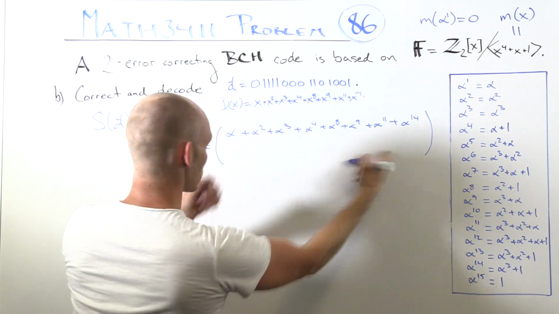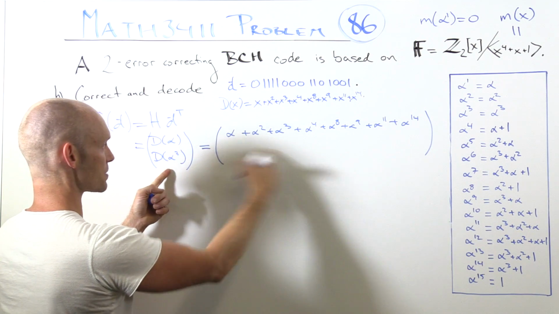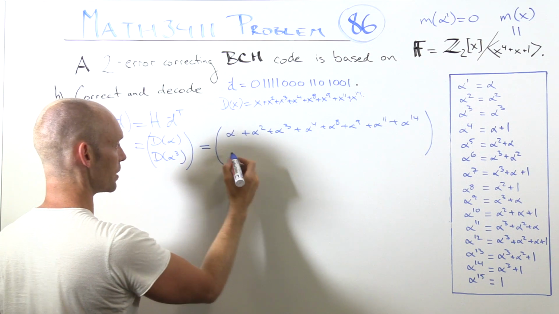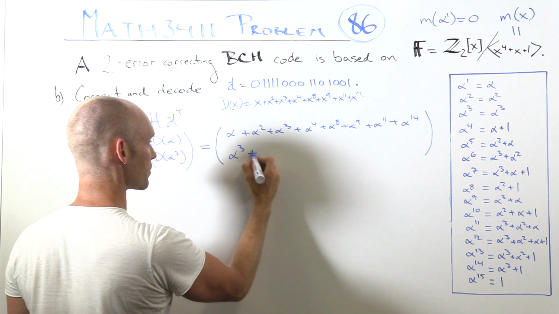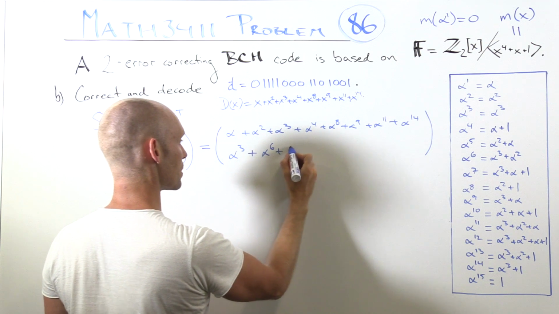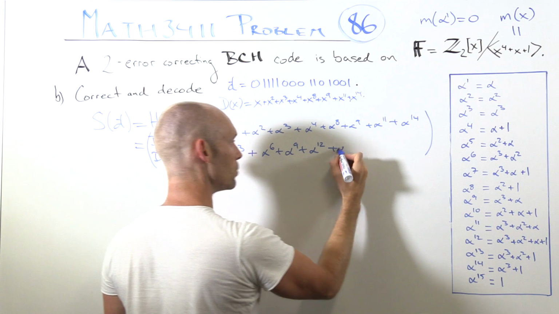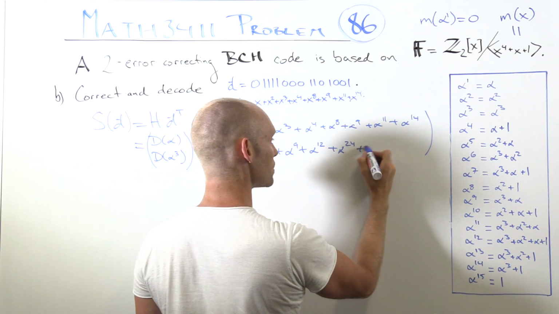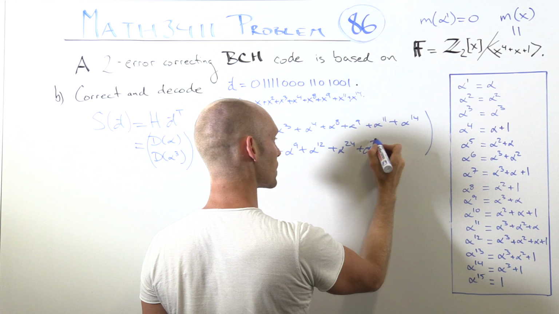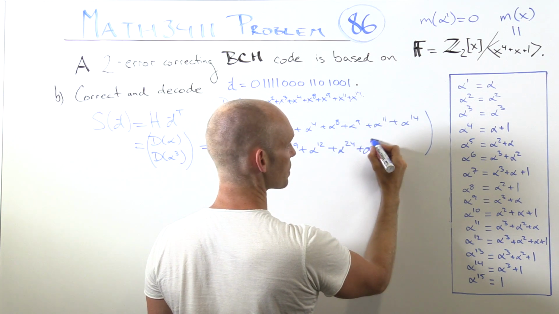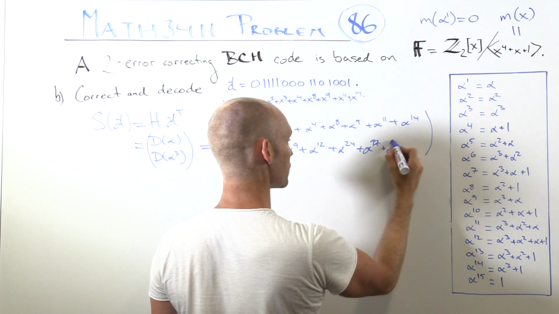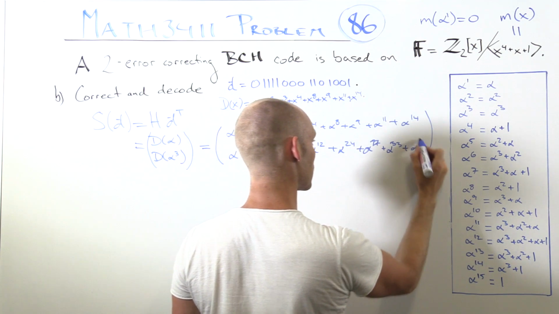The expression down here will be the same, except where we've replaced alpha by alpha to the power of 3: alpha to the power of 3, 6, 9, 12, 24, 27, 33, and finally 42.